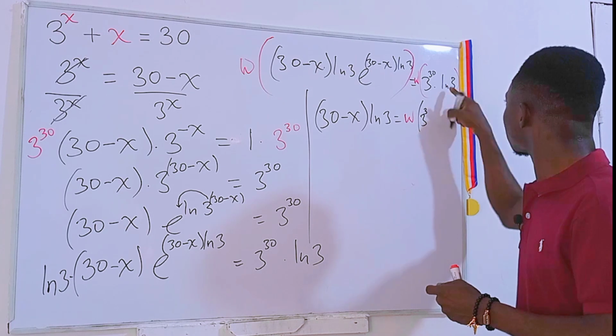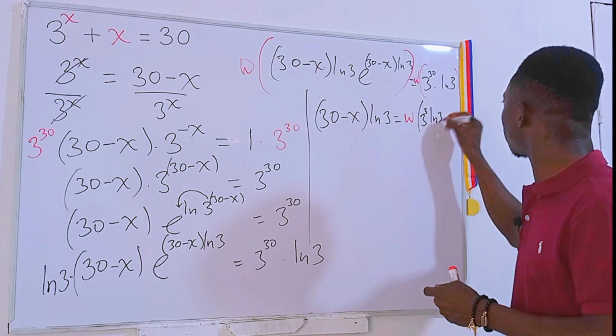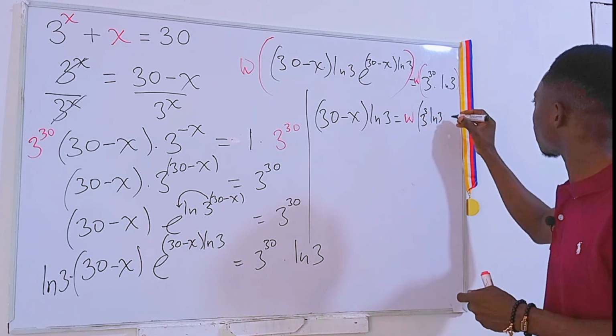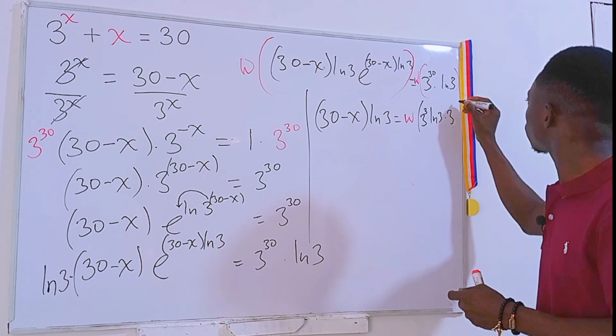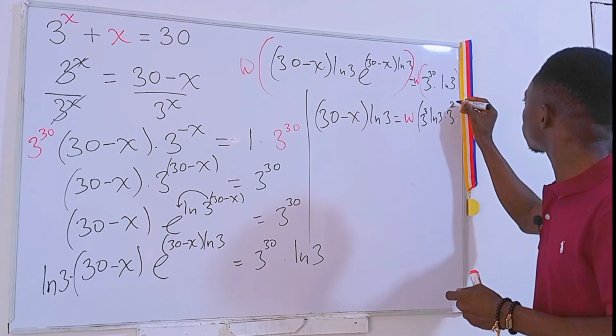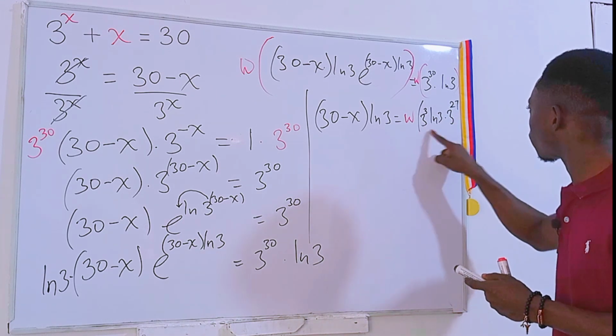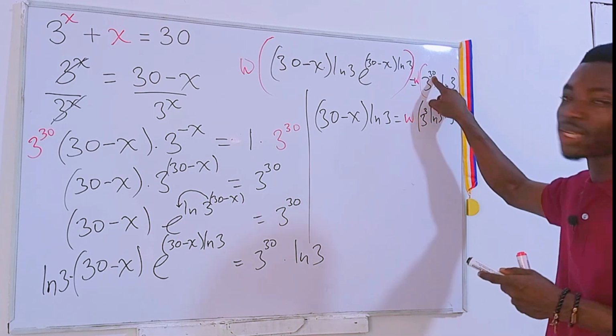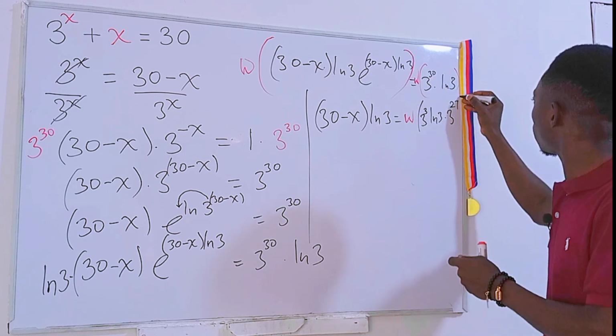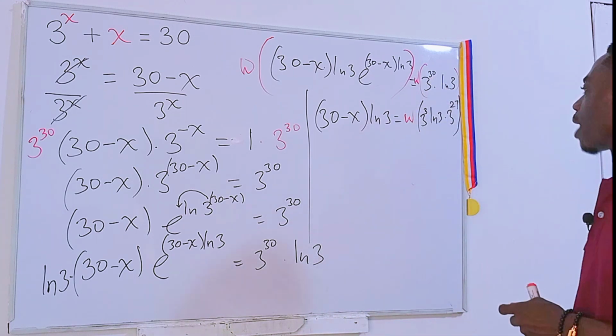Then times ln here. I'll write ln first, and then write the remaining. That is 3 to the power 27. Cool, because if you sum the powers of 3 and 27 here, you will still be getting the 30.